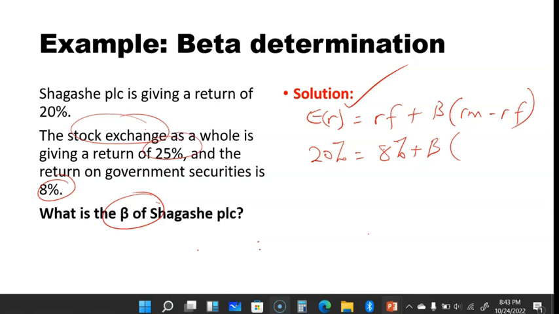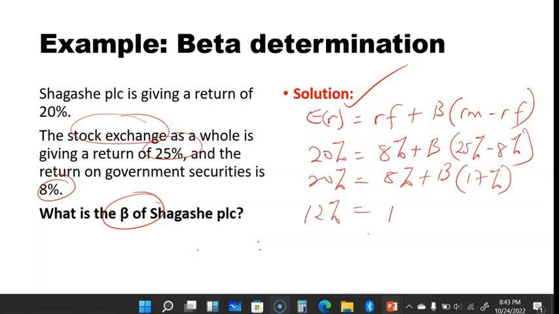So the return on the market is 25% minus 8%. So 20% is equal to 8% plus beta 17%. Okay, 20 minus 8, that's 12%, is equal to beta 17%. Therefore, beta is equal to 12% over 17%.